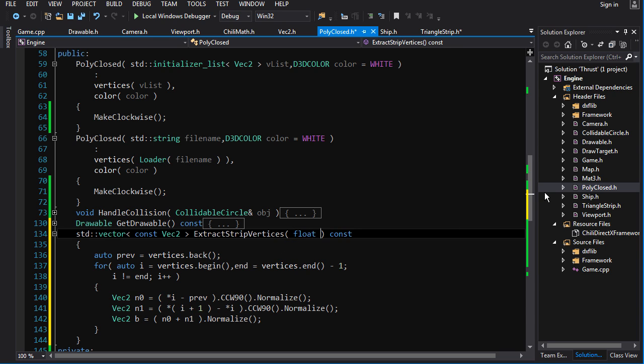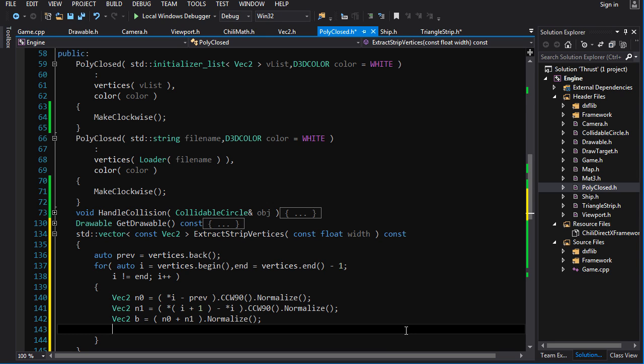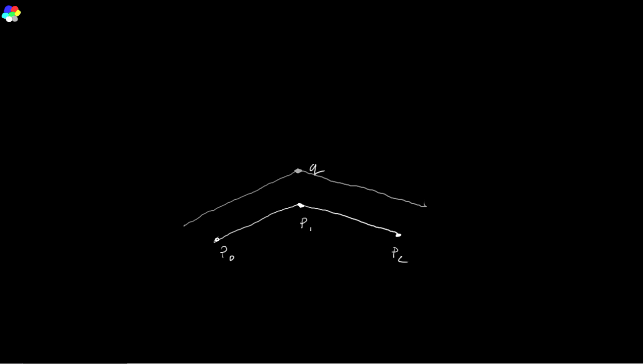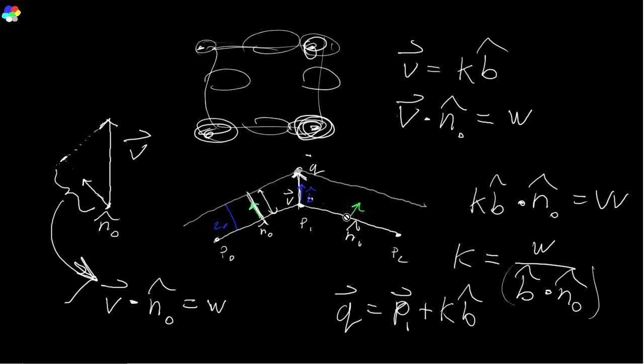We need a float width. Make it constant. Okay, now we got our B. Let's take a look at our formula if I haven't erased it already. I hope I didn't erase it. That's not it. Keep going. There we go.